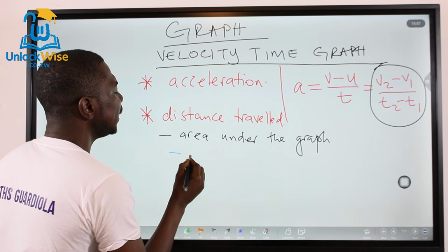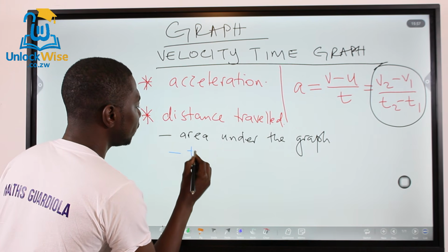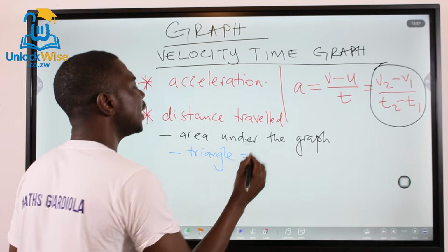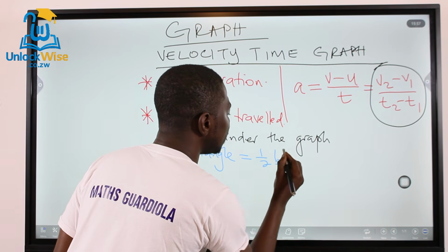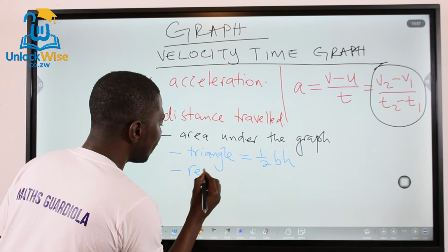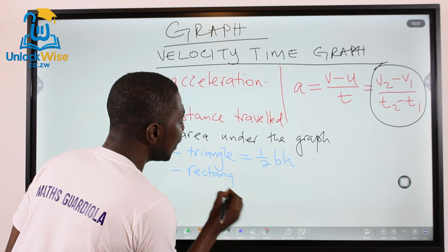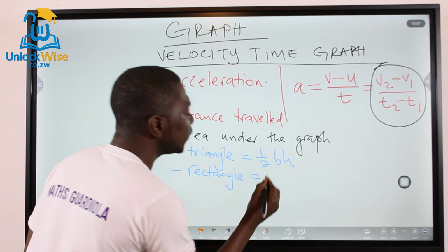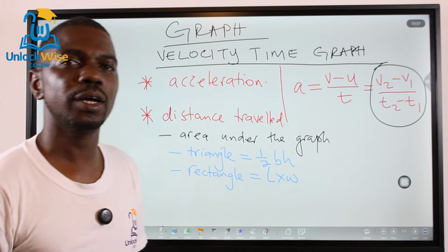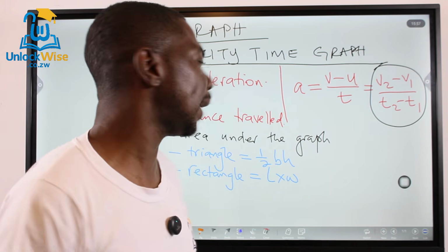One of them is a triangle, of which the area of a triangle is half base times height. We also use a rectangle. The area of a rectangle is length times width or length times breadth, depending on where you learned your primary.